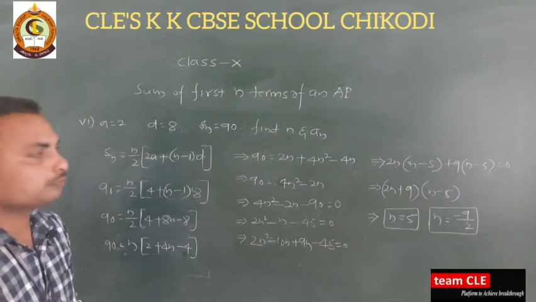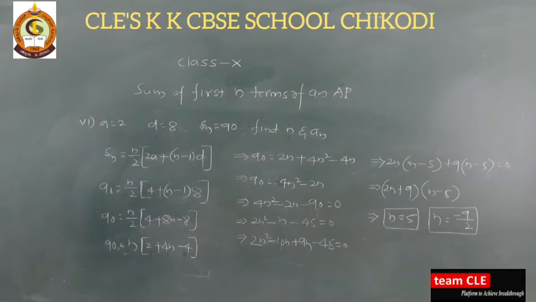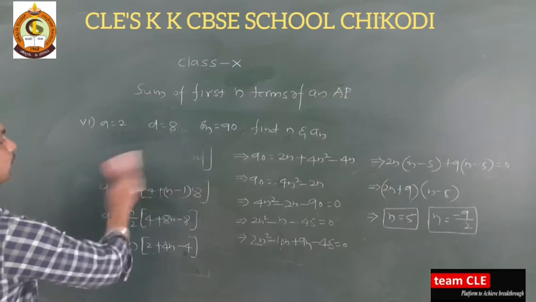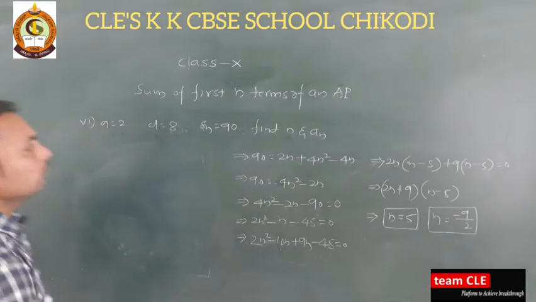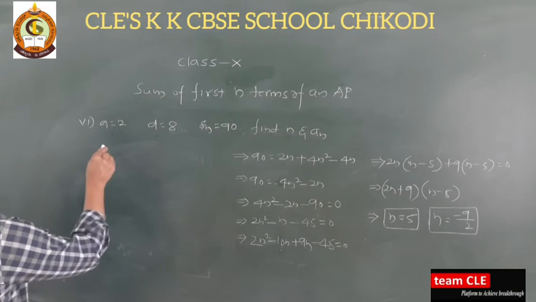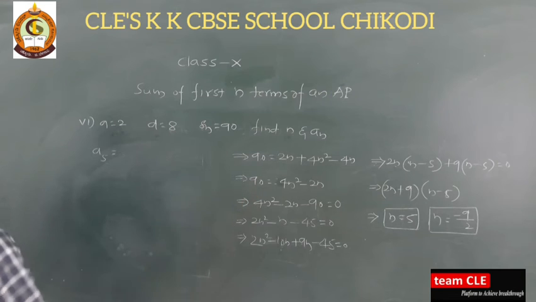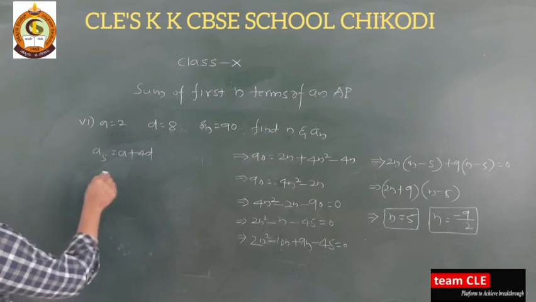What we need to find? a n. This is very simple. So I'll rub this one. Now we need to find an. So n is how much here? n we got 5. a 5 is equal to, we can write a plus 4d.